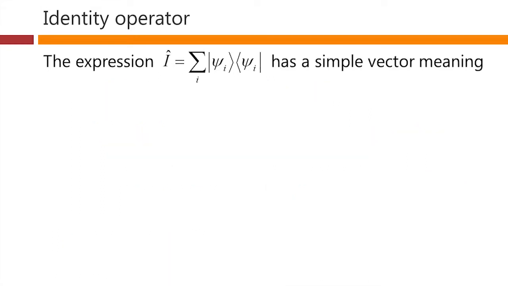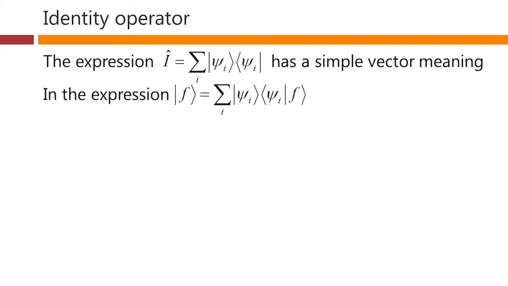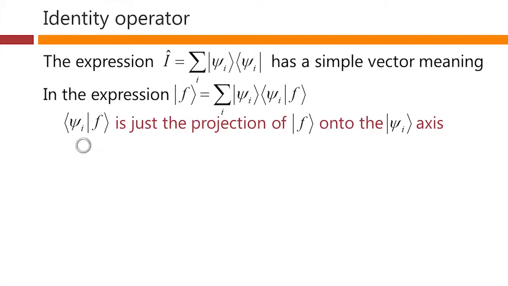Now, this expression here has rather a simple meaning when we think about it in terms of vectors, when we visualize it using our vector way of looking at things. In this expression here, this number is just the projection of the vector f onto this axis, the psi I axis.